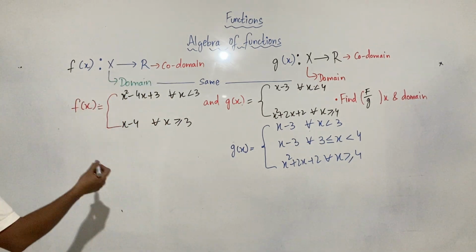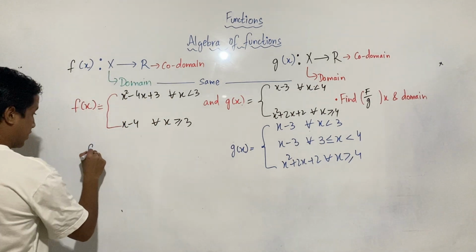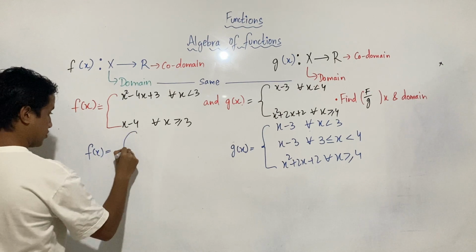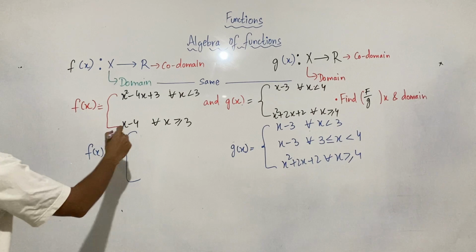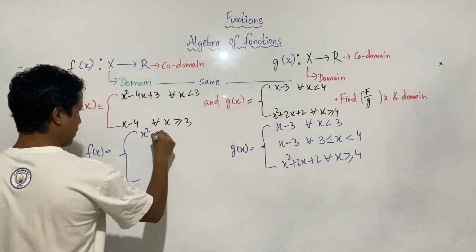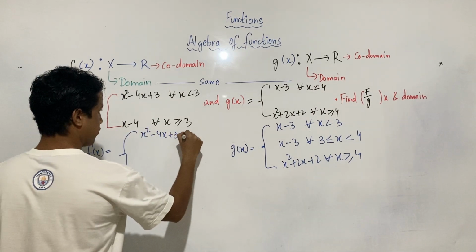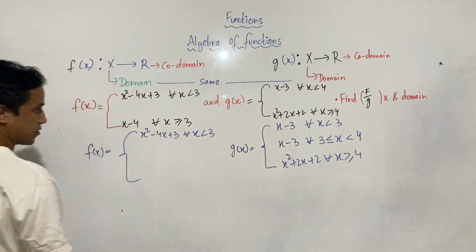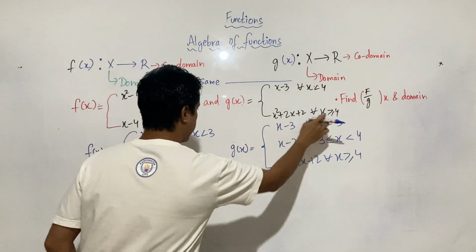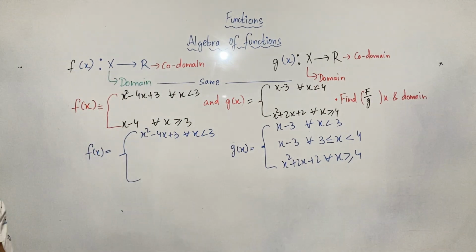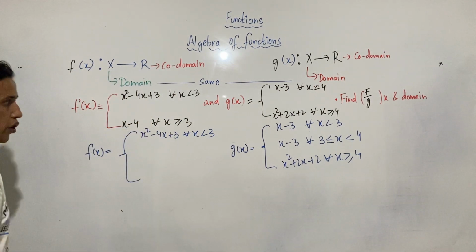And here my f(x) is going to be x squared minus 4x plus 3 for all x less than 3. That's fine. Here, these two pieces got the same domain, and this one I need to work on.